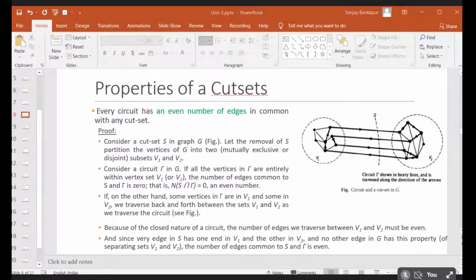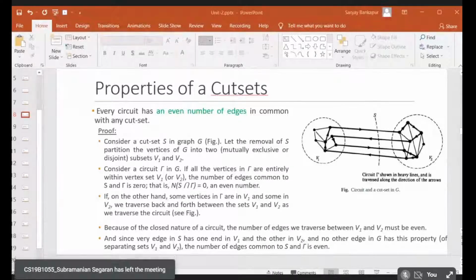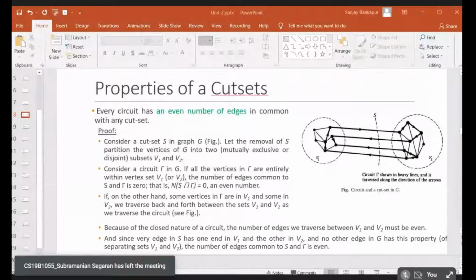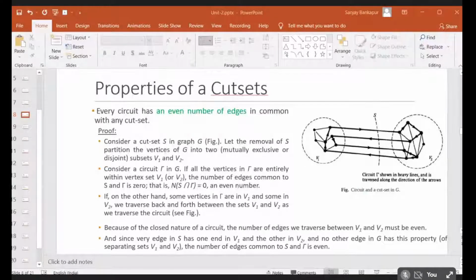Removal of S means it's a cut set, so we remove those edges. Given graph G, through cut set S, will be disconnected into the mutually exclusive, or disjoint, subsets V1 and V2.